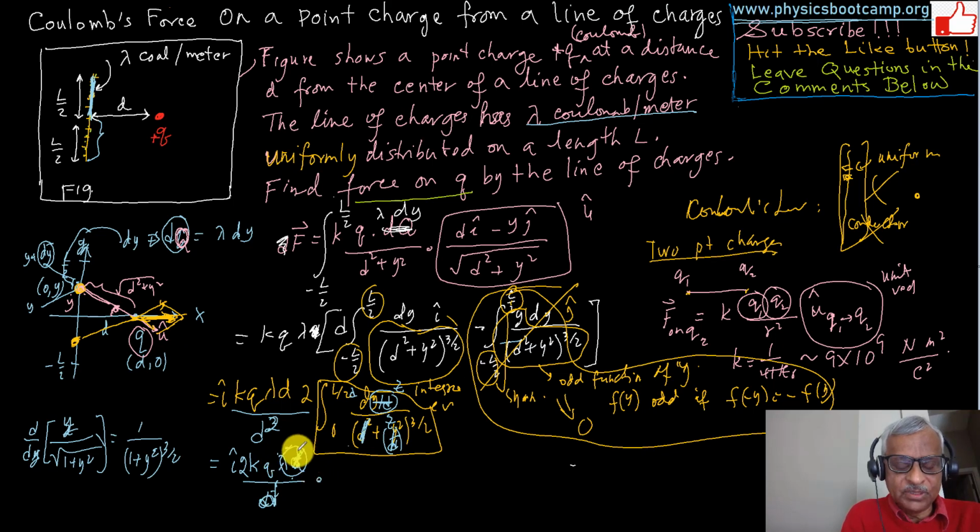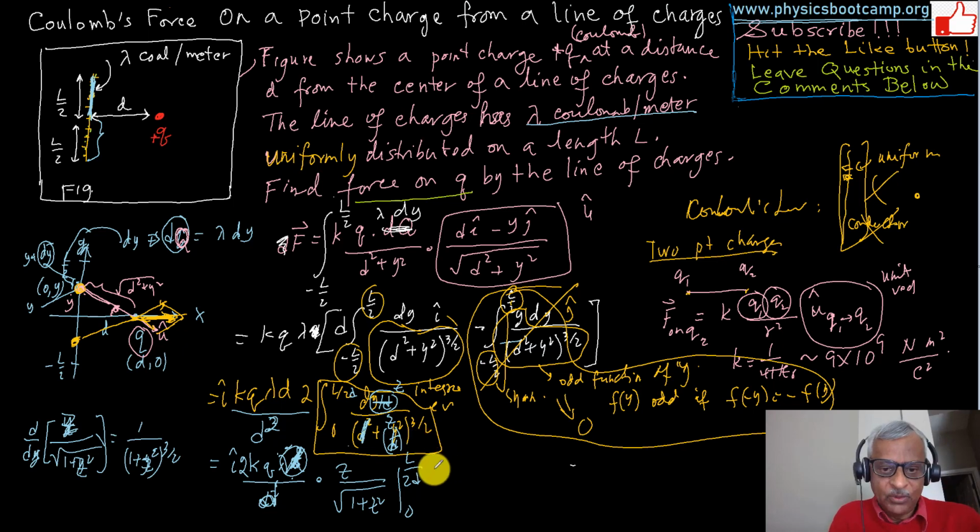So this is just lambda, and this one becomes z over square root of 1 plus z square from 0 to L over 2d, and at 0 it becomes 0, so this is L over 2d.